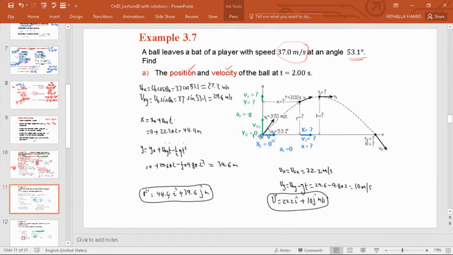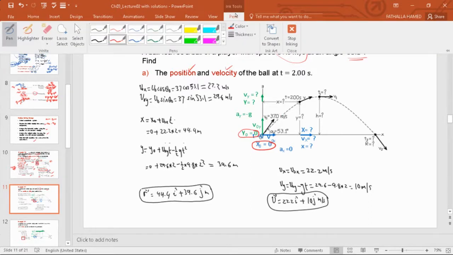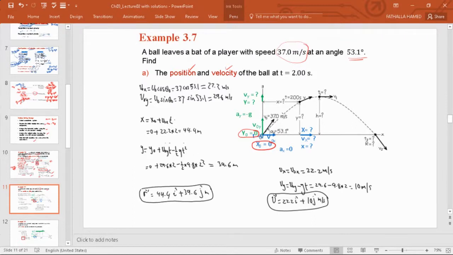Again, when you start at t equal to 0, your y0 is equal to 0. Now your initial speed here is 37 meters per second, and theta 0 is equal to 53.1. Of course, this will be your x, this will be your y.